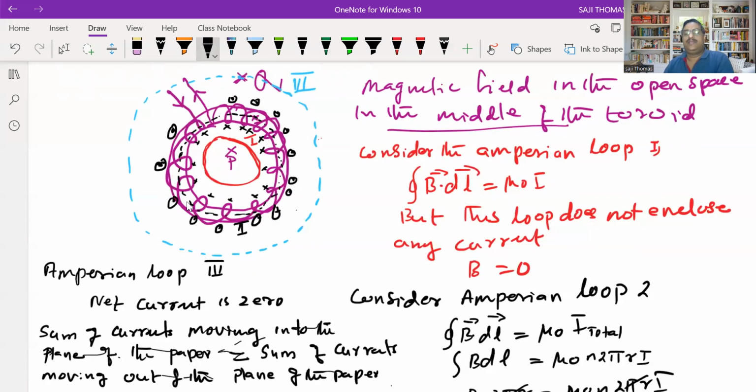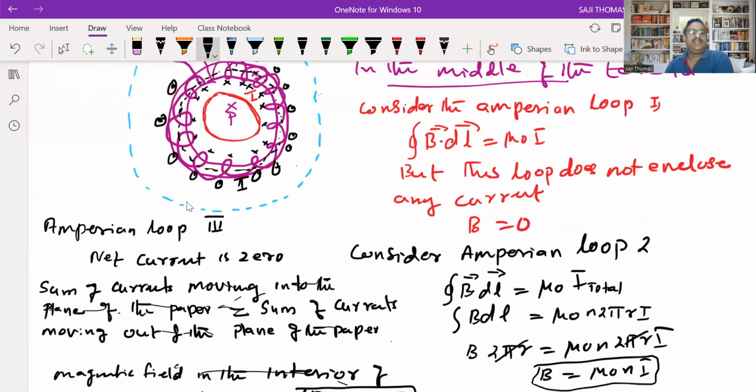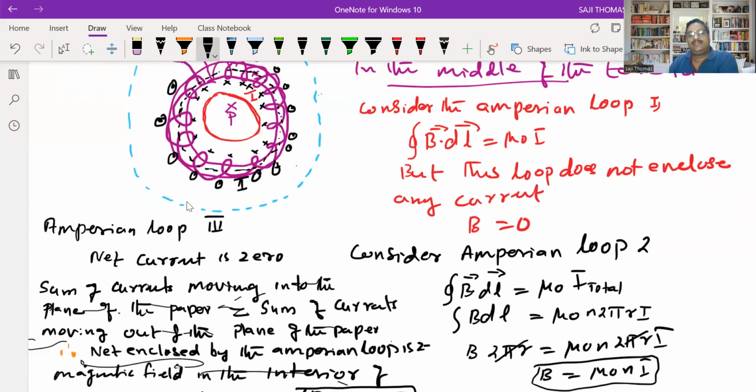Therefore, the net current enclosed by the Amperian loop is 0.